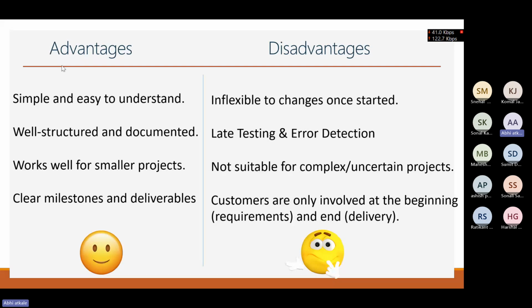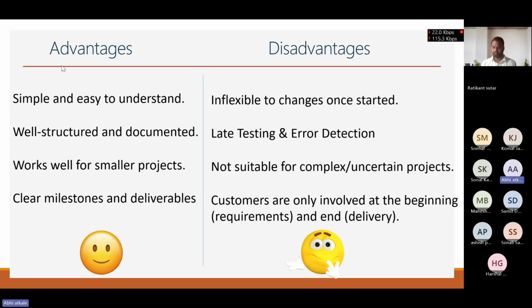When the problems are noticed, when the product is launched, it is not easy to design again, code again, analyze again. Means this is the waterfall model. Once one stage is done, it is not easy to come back to that stage. That is the reason it is a waterfall model. So this is one of the big disadvantages, late testing and error detection.